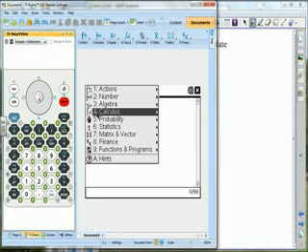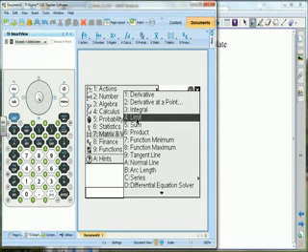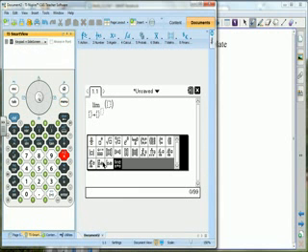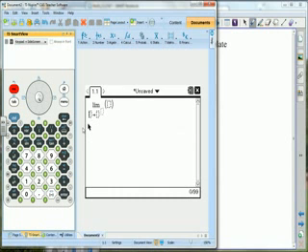Menu, same way, Calculus and Limit. And if we go into the template, it's Control on the multiplication sign, and that's where we find the templates for this.